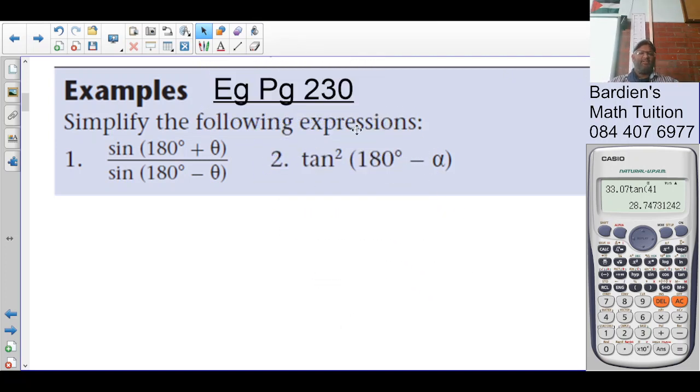Okay, so let's write down the first one. The question says simplify the following expressions. Number 1, you got sine theta times sine of 180 plus theta, over sine of 180 minus theta. You do that quickly in your book.